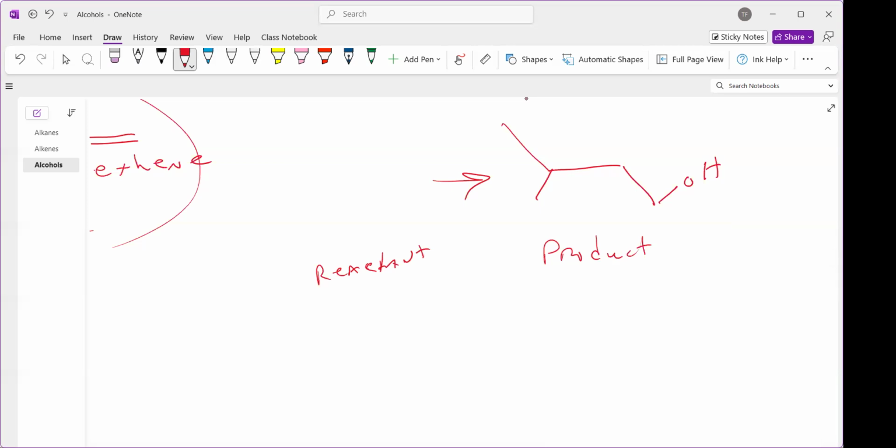Carbon backbone remains the same. 1, 2, 3, 4. So we have a 4-carbon backbone to start with.